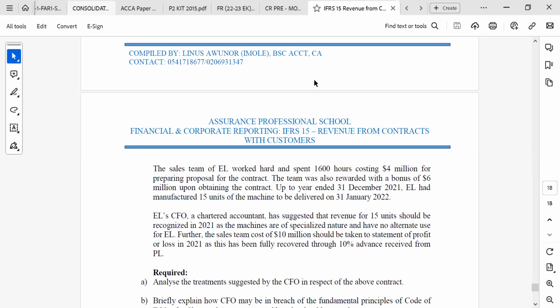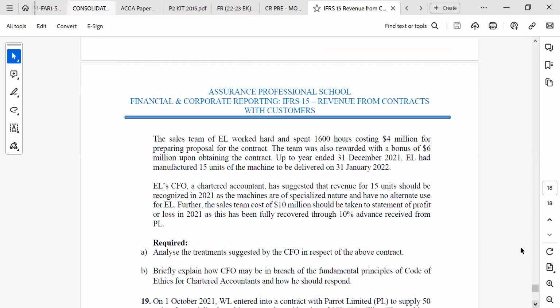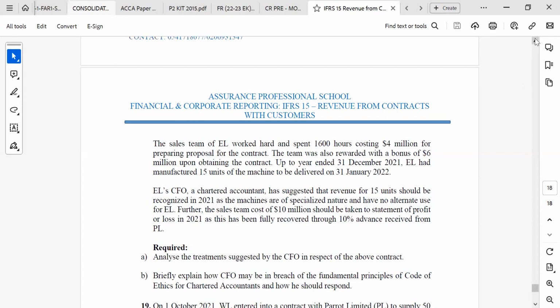Required: A. Analyze the treatment suggested by the CFO in respect of the above contract. B. Briefly explain how the CFO may be in breach of the fundamental principle of the Code of Ethics for Chartered Accountants and how he should respond.